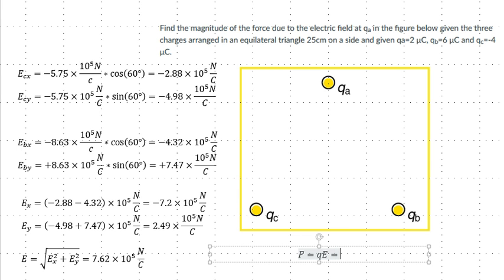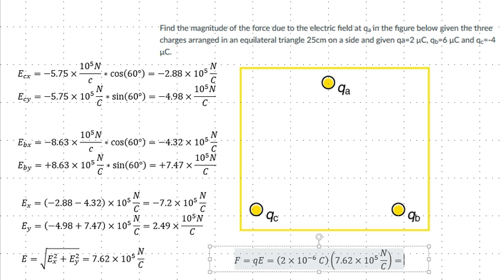So the force on A, QA is 2 times 10 to the minus 6 coulombs, times 7.62 times 10 to the fifth newtons per coulomb.